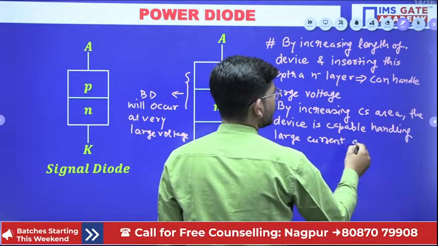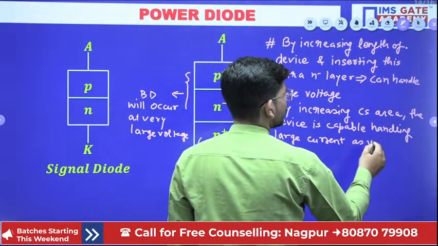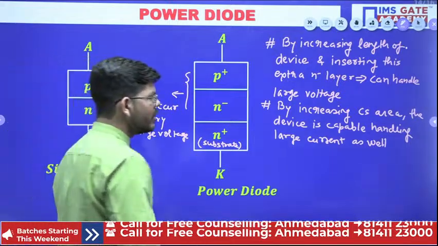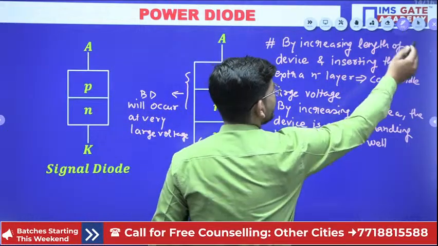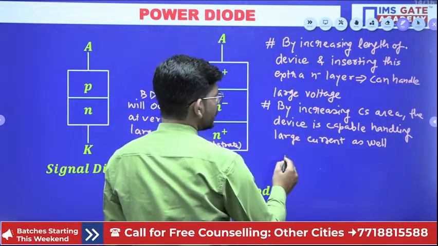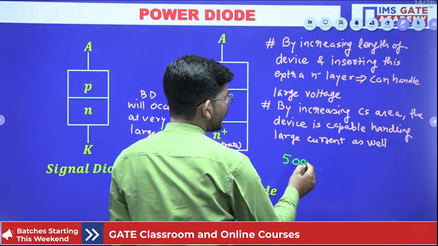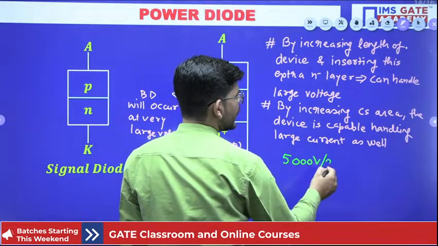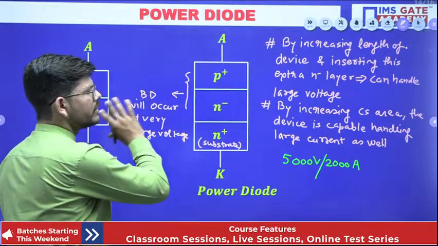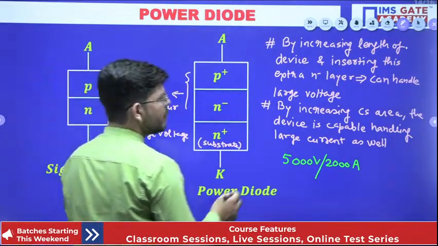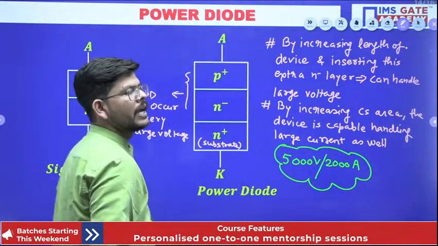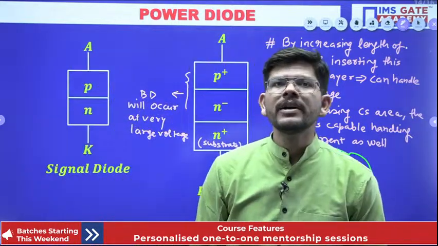So now this power diode can handle very large voltage and current. And do you know, power diodes are available that can handle even 5000 volt of voltage and 2000 ampere of current. So just by modifying these particular things, we have made our device capable of handling that much amount of voltage and that much amount of current.